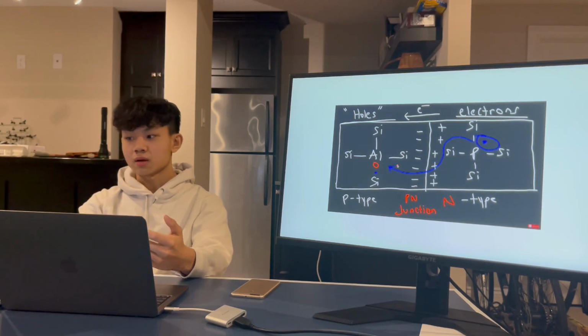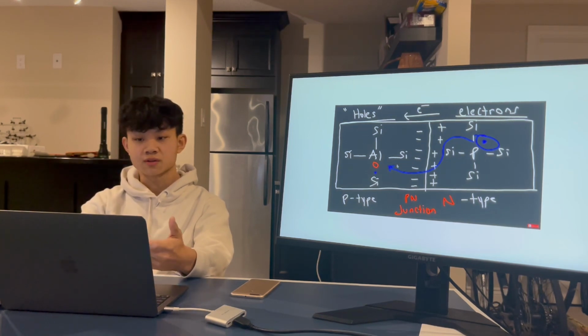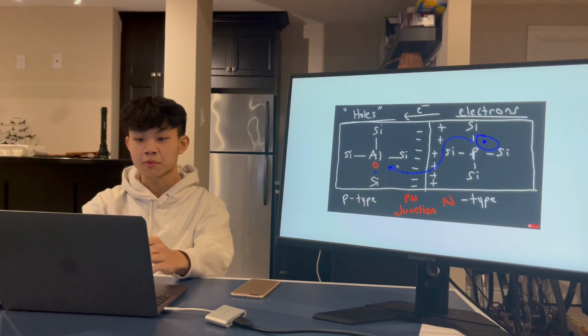Recall earlier in the course that we learned about electric fields. They're created by the movement of electrons and when there is a negative and positive charge on opposite ends.